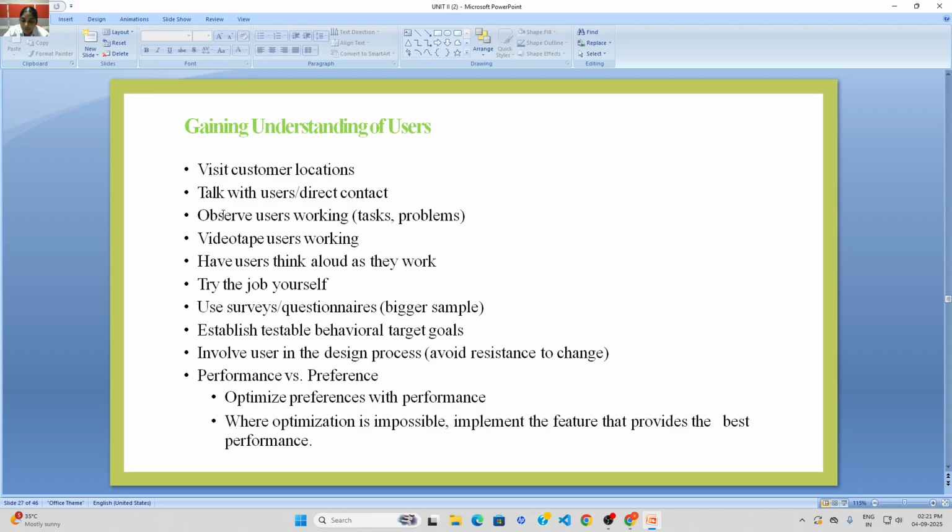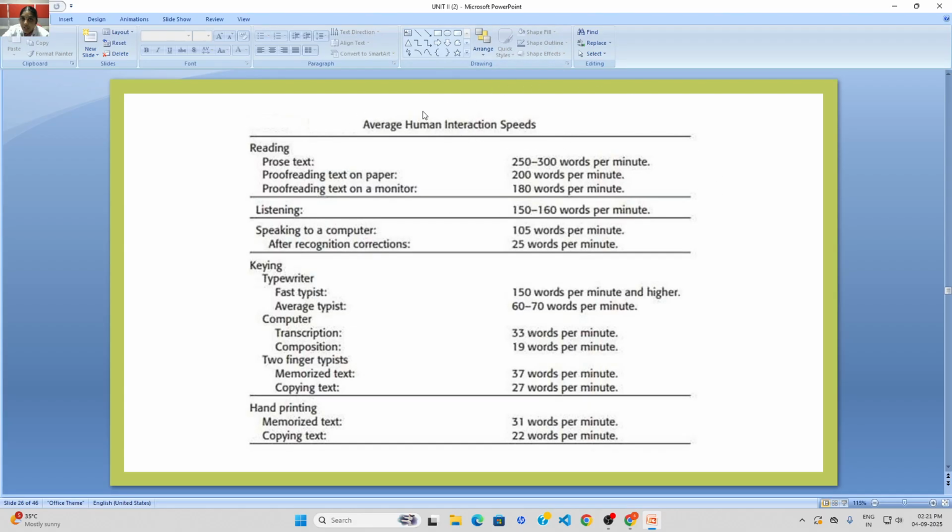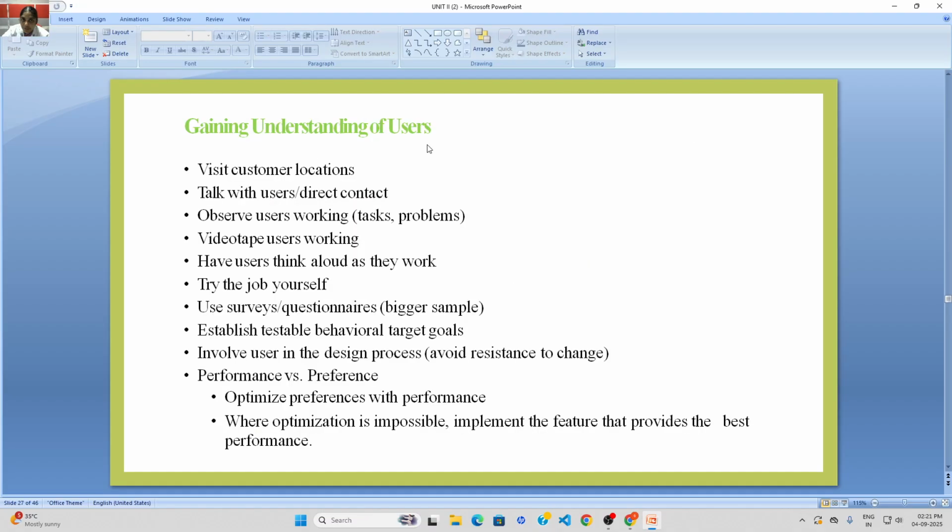Based on performance, they will give preferences. Optimization is impossible, so implement the features that provide the best performance. These are all the processes behind human interaction speeds, given as averages, not exact: how they are understanding and how they are gaining. Thank you.